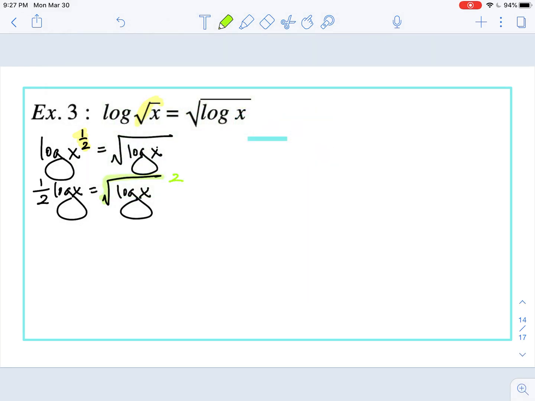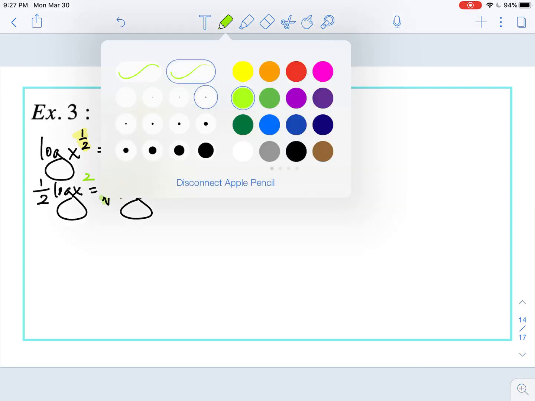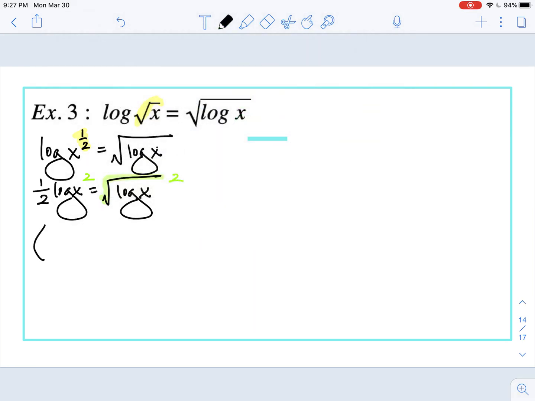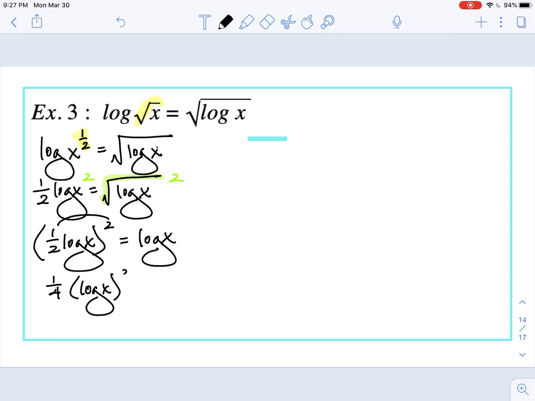But if I square one side, I'm going to have to square the other side. And so when I do that, I end up with (1/2 log x) squared equals log x. Now I'm going to square that 1/2. So 1/2 times 1/2 will give me 1/4. (log x) squared equals log x.